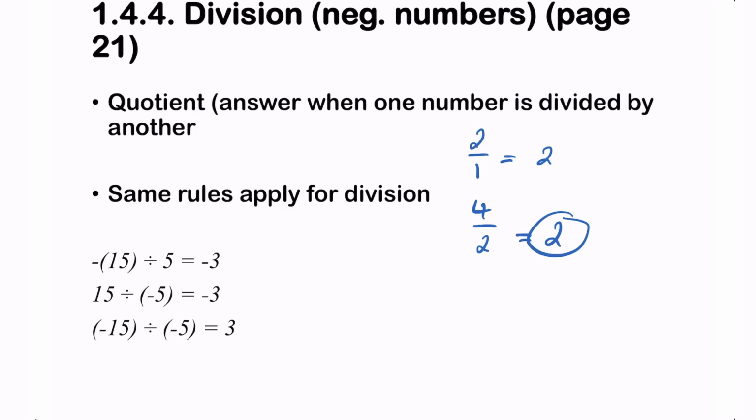For instance, minus 15 divided by 5 equals minus 3. 15 divided by minus 5 is minus 3. And minus 15 divided by minus 5 gives you 3.